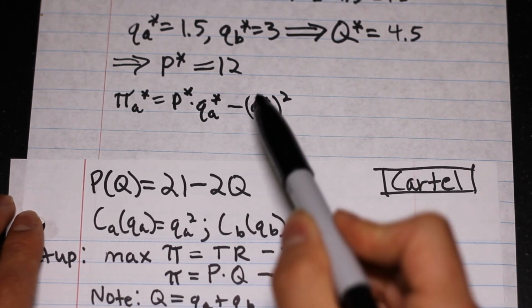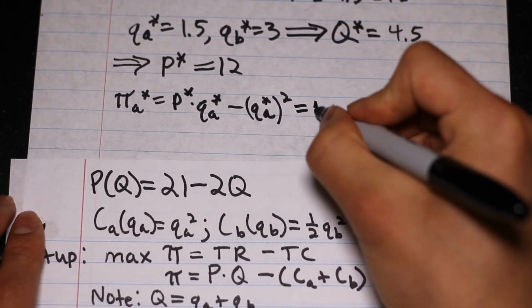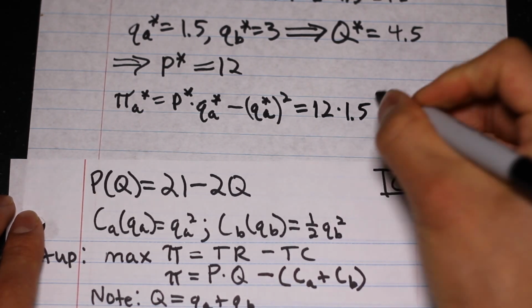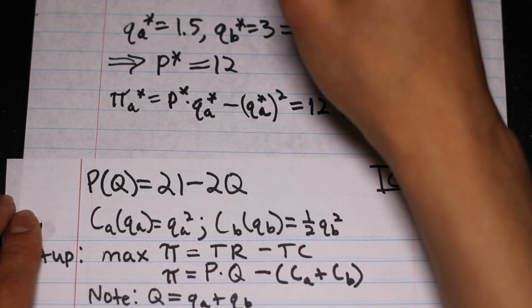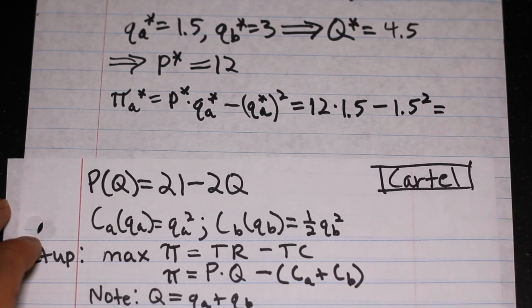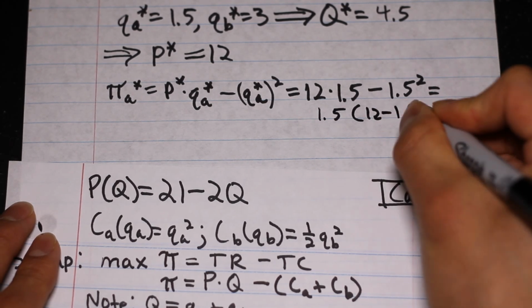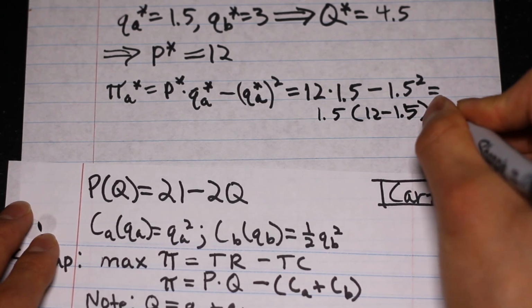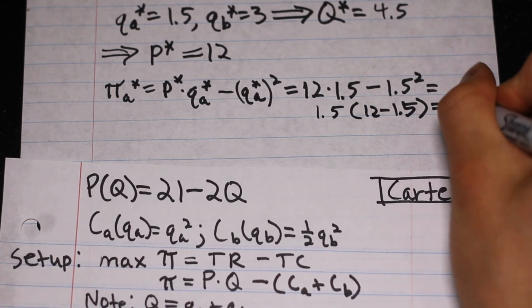What I'm looking at here is that's the cost equation for Alex. This is the revenue equation for Alex. That is 12 times 1.5, right? 12 times 1.5 minus 1.5 squared. That's the same as 1.5 times 12 minus 1.5, which gives you 12 minus 1.5 times 1.5. 15.75.